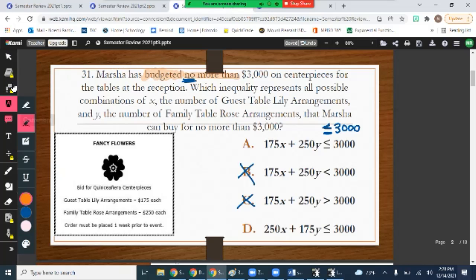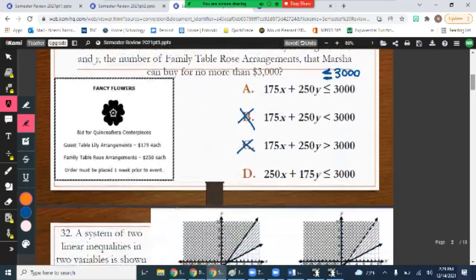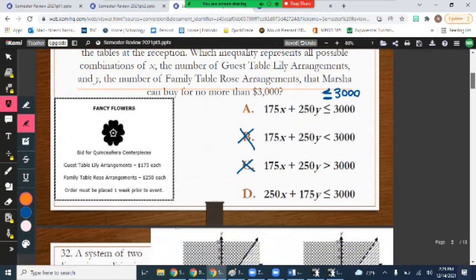From there, they're actually giving you the variable that they want you to use, with the numbers. They say variable X goes with what topic? Guest table. So I'm going to put an X right next to this 175 that they give me down here. Variable Y goes with family table.